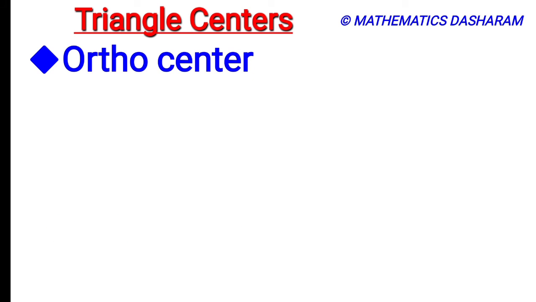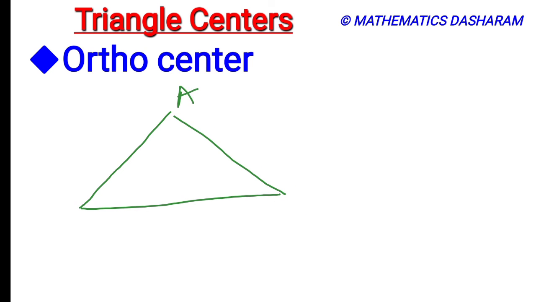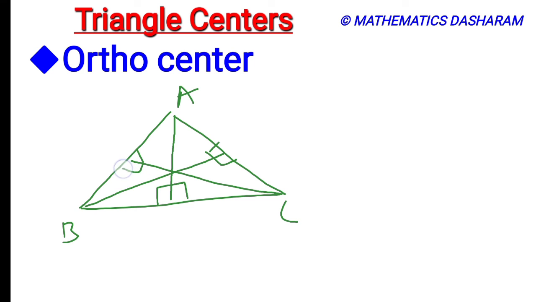Let's take a triangle ABC. So draw perpendiculars to each side. From the vertex A, let's draw one perpendicular. From B, draw the second perpendicular. From C, draw the third perpendicular.